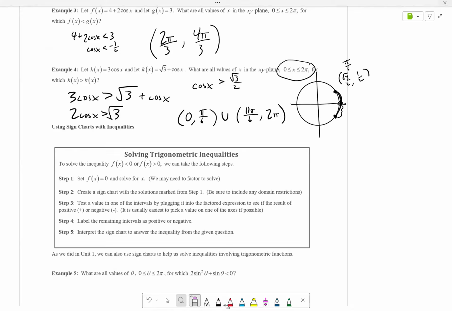Yes, Haley? Why would 2 pi and 0 not be included? Isn't cosine 1 at those? Oh, thank you. Yeah, we should include 2 pi and should include 0. The question is just asking for when is cosine of x greater than root 3/2? I think 0's got to be included, doesn't it? And 2 pi, yeah.